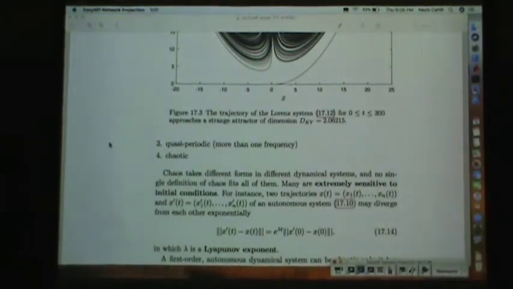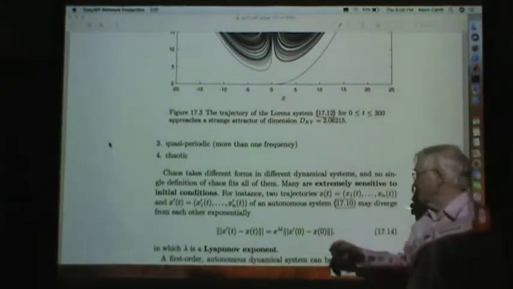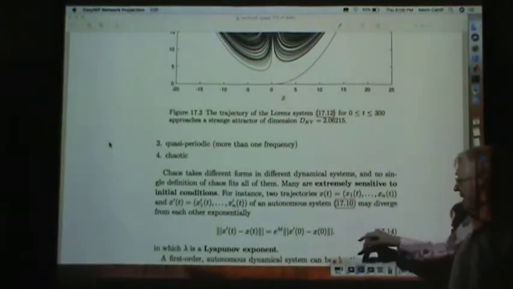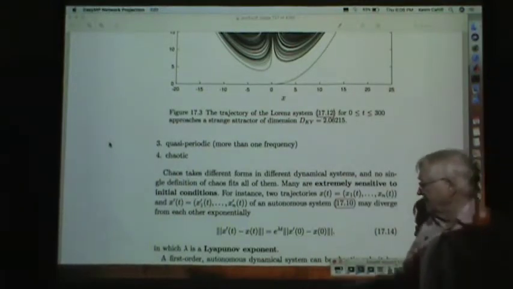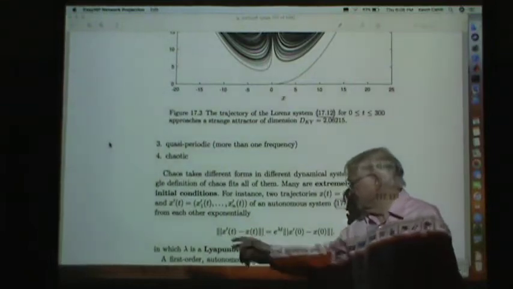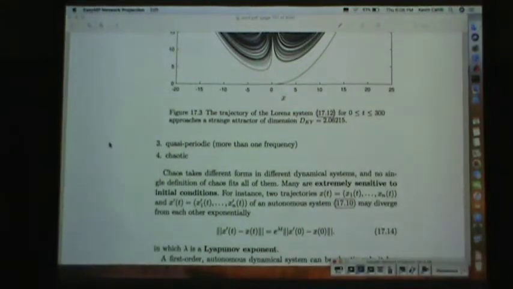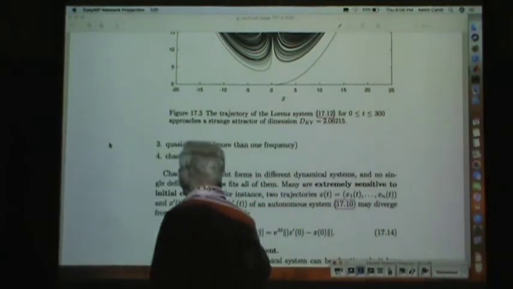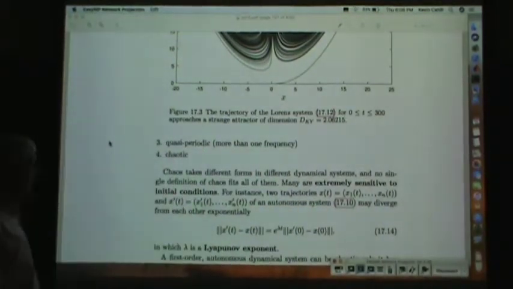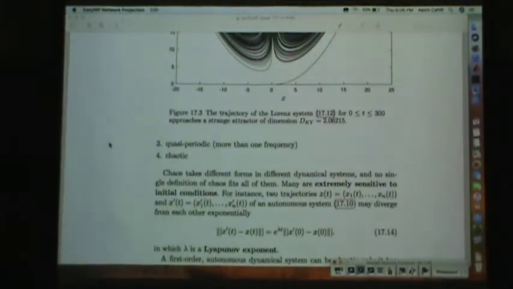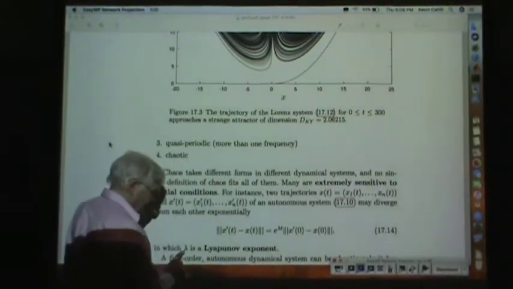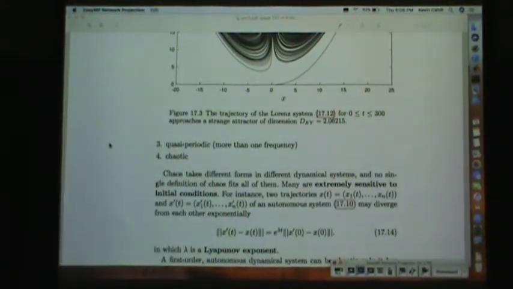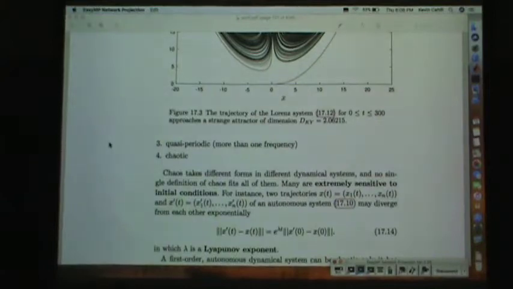And so typically what you have is you might have 2 trajectories that start from slightly different points and then evolve such that the distance between the two, I'm a little puzzled as to why I have 3 lines here. But anyway, it evolves exponentially. And this lambda, this coefficient of the exponent, that's called a Lyapunov exponent.